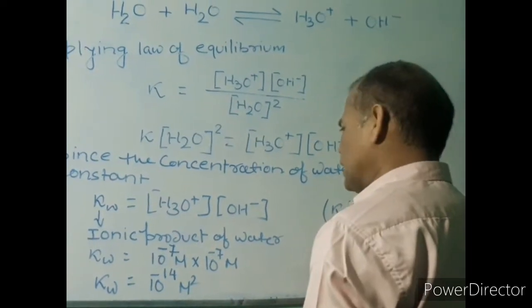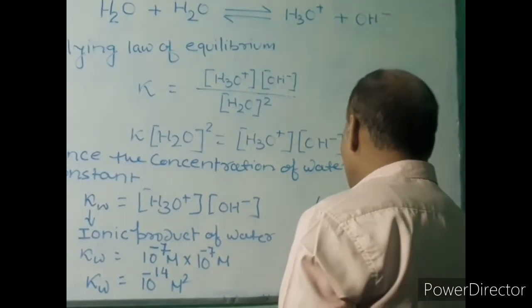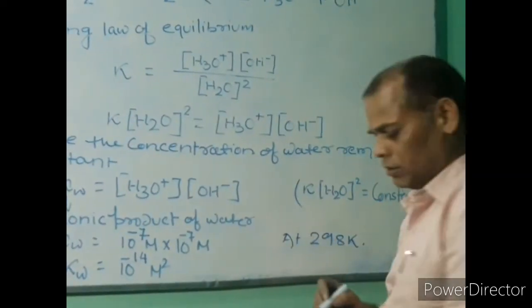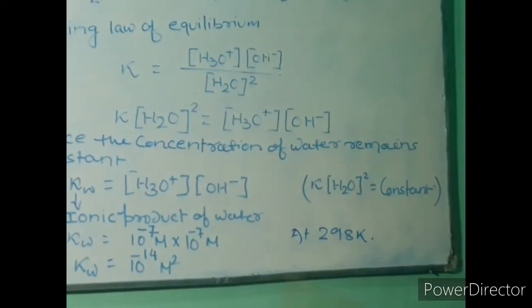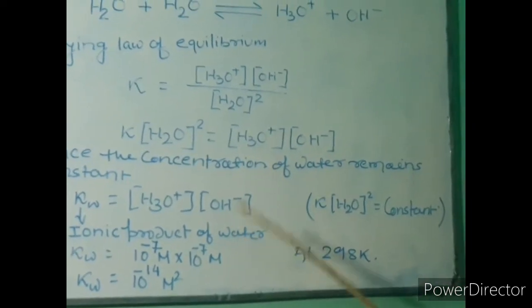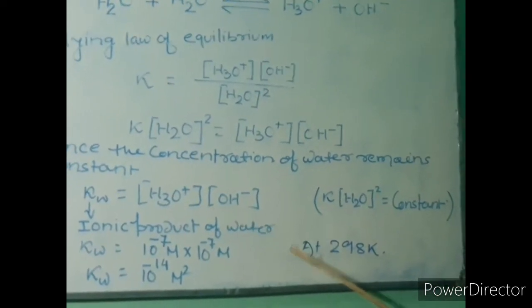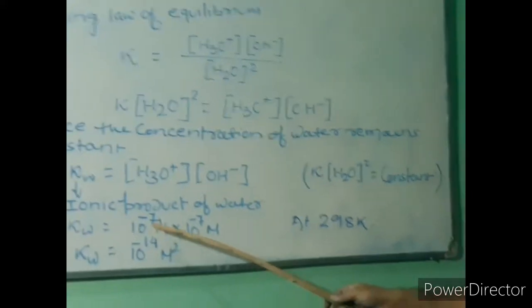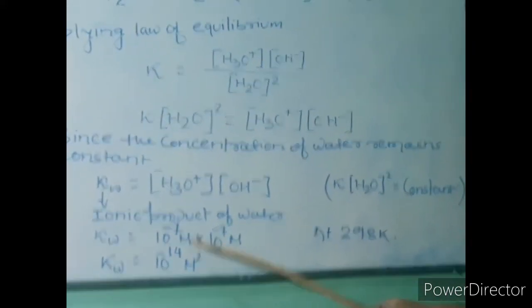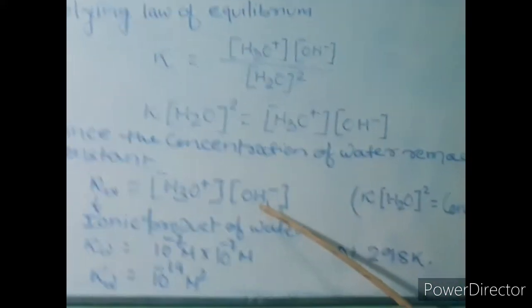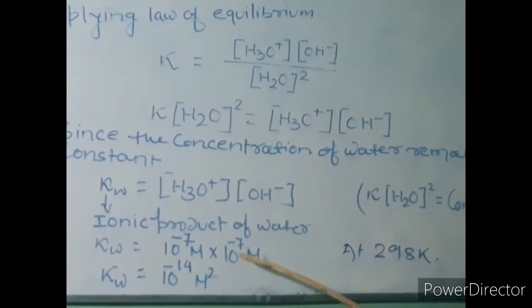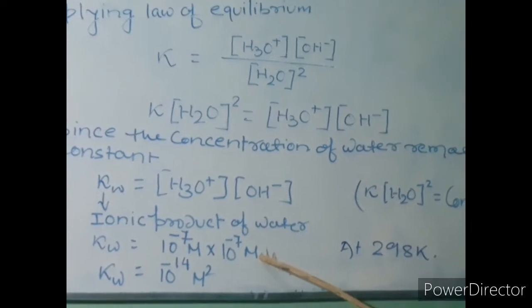Now Kw, experimentally it has been found at 298 Kelvin, the concentration of hydronium ion is 10 to the power minus 7 molarity and the concentration of hydroxyl ion is also 10 to the power minus 7 molarity.